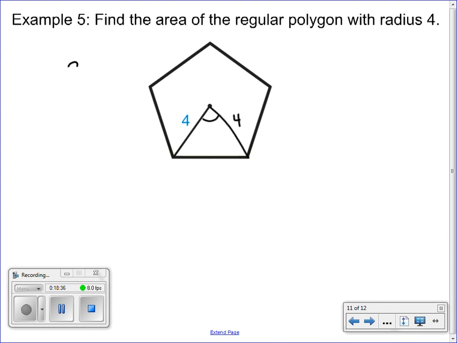So I take 360 and divide it by 5. And again, this is giving me that central angle. And I get 72 degrees.